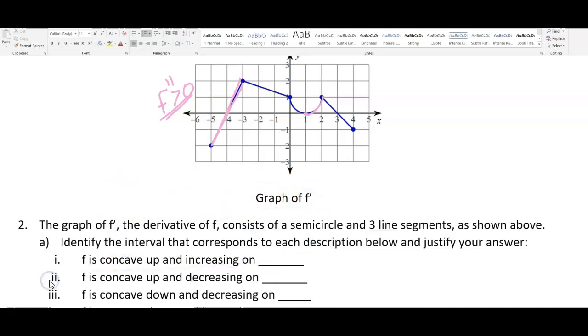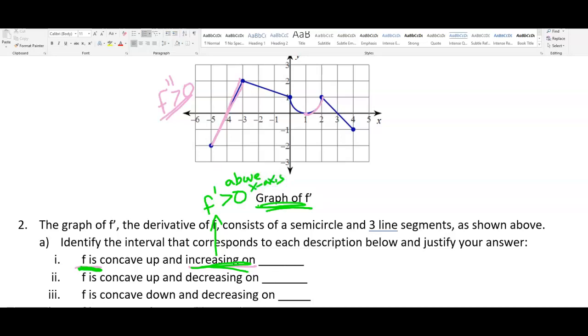Okay? Now, where is f increasing? Well, f, not f prime, but f, let me change my color here. F is increasing whenever f prime is positive. Now, since this is a graph of f prime, how can you tell where f prime is positive? Well, that would be anywhere where the graph is above the x-axis.